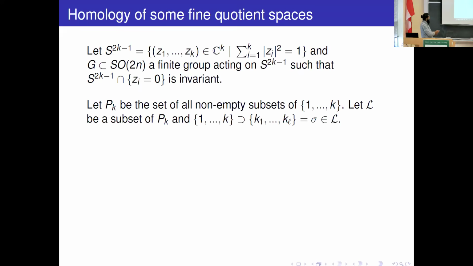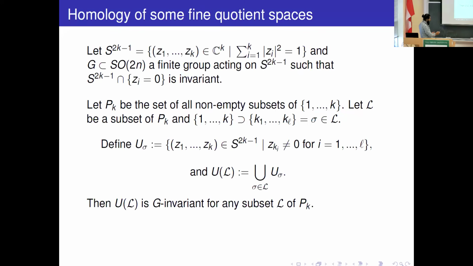So if we have that, now 1 to k is a set, so we can consider subsets of that. We'll say k1, k2, up to kn, and we denote this by sigma. We take all such subsets, and we denote it by L. It's a little bit of a notational slide, but it helps. So we define a subset of S^(2k+1).